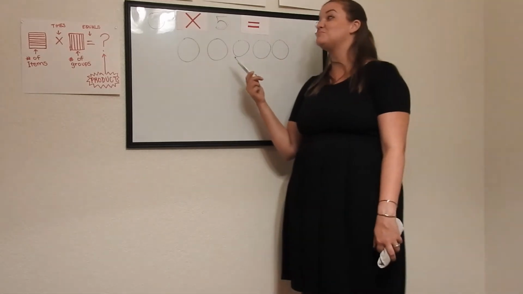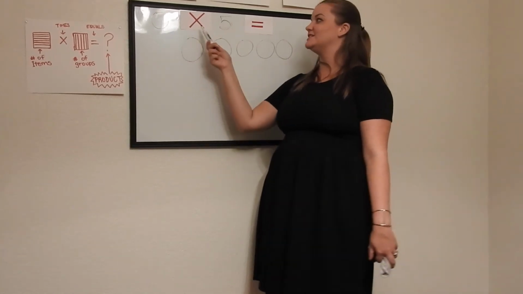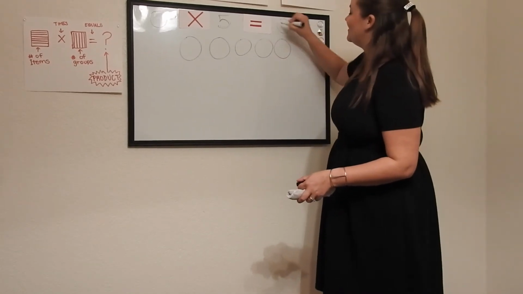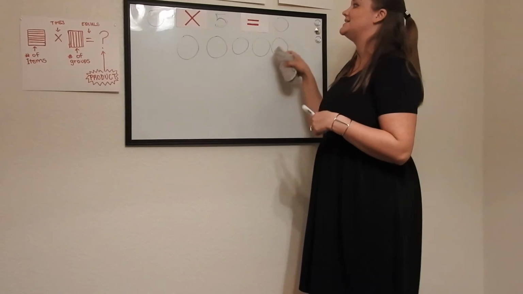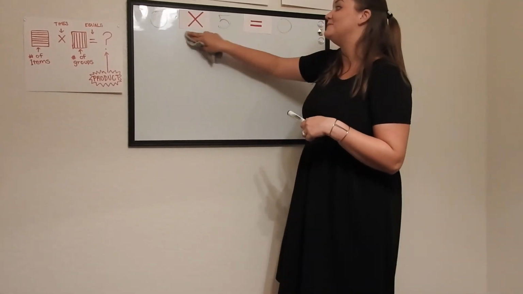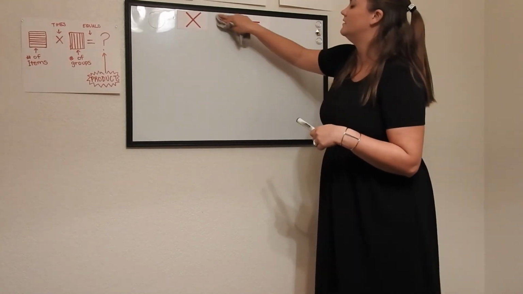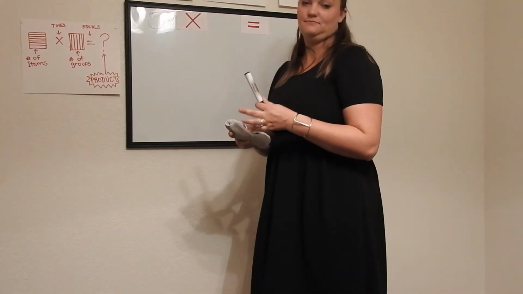So our answer is probably 0. 0 times 5 equals 0. Anything that you multiply 0 by is going to be 0 because you don't have any of it.